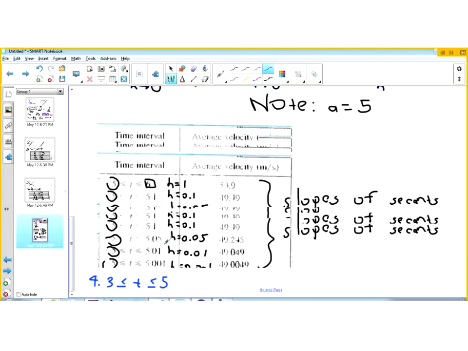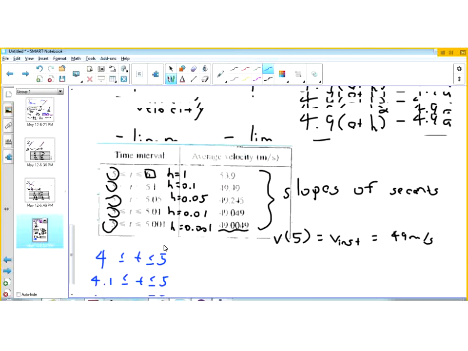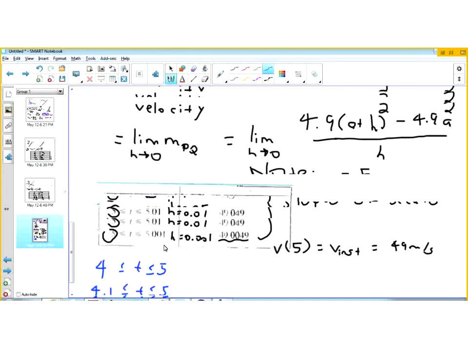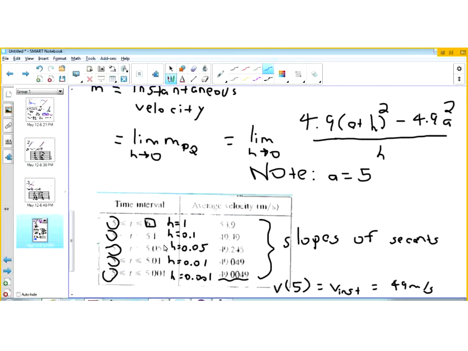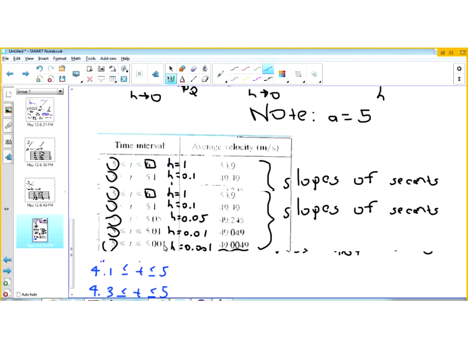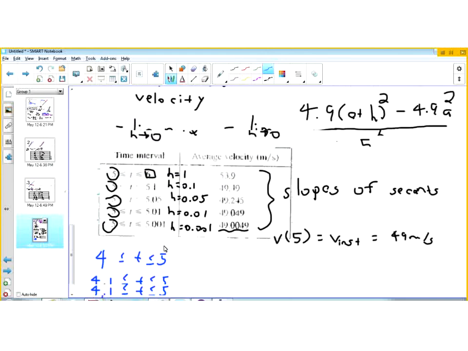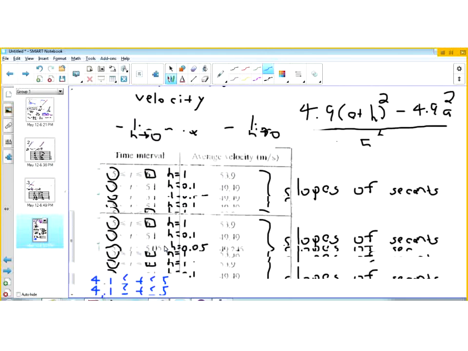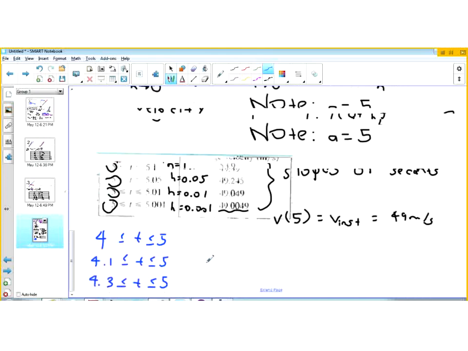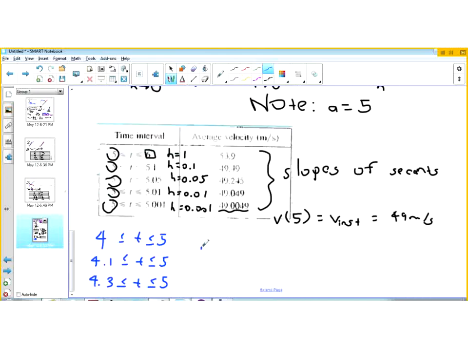So solve the same problem, and you should get the same result of 49 meters per second. So in this case, A is 5, and then you'll get the ensuing values of the slope of the secant line.